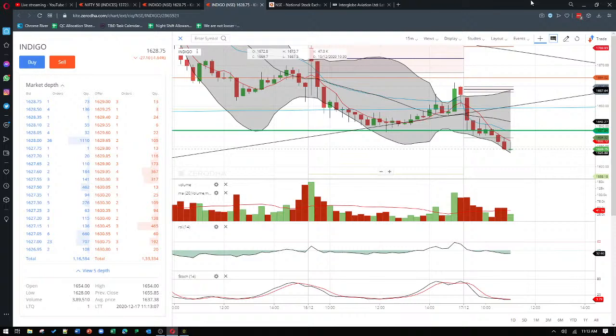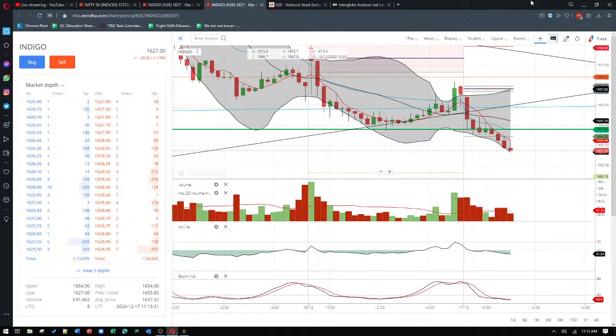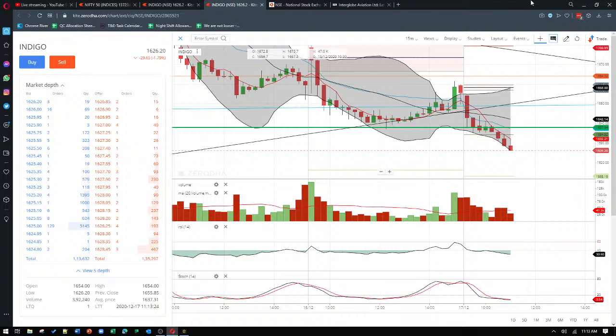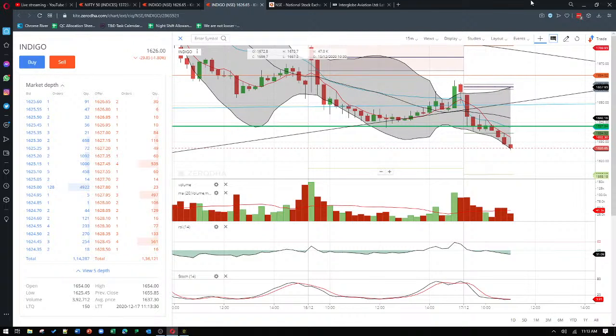At 1628 the volume and the orders are high, and at 1627 the volume and orders are high. It is supporting this trend of the pattern of lower band and simple moving average. It's made a low of 1625.45, and our target is 1625.